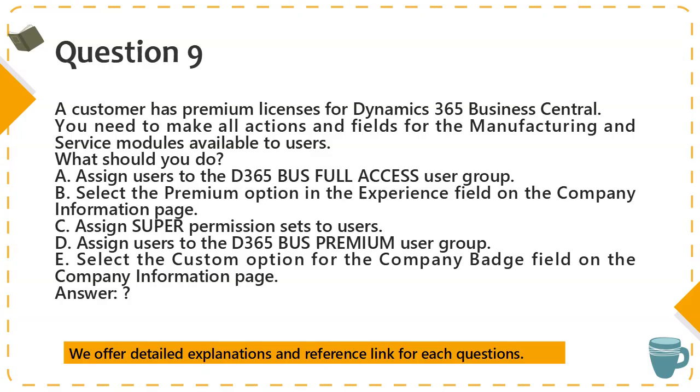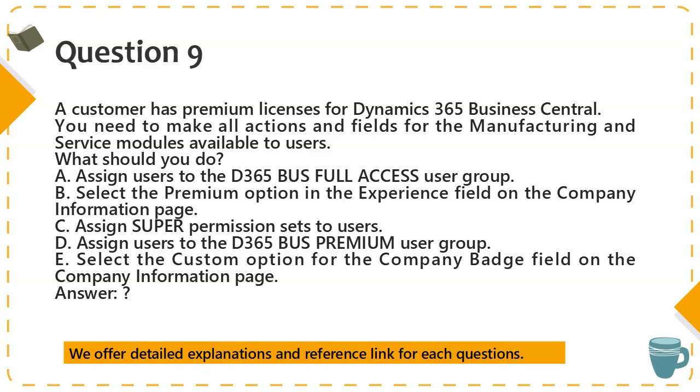9. A customer has premium licenses for Dynamics 365 Business Central. You need to make all actions and fields for the manufacturing and service modules available to users. What should you do? A. Assign users to the D365 Bus Full Access User Group.